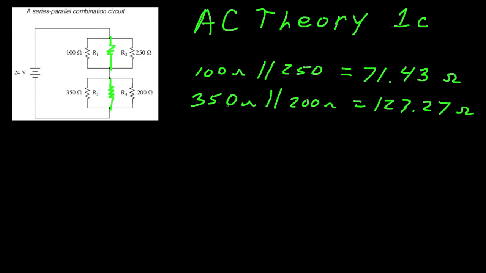So now we've got a resultant resistor here and another one here. Those two resistors are these values that we just calculated. So we've got two resistors in series, essentially. That's the effect of that.